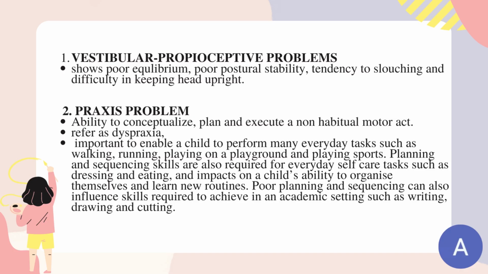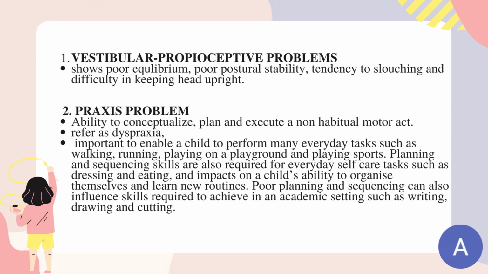Alright, we move to the other perceptual problems, number one is vestibular proprioceptive problems. As we know, vestibular is related to the system in our inner ear, related to balance and gravitational awareness, whereas proprioceptive is related to movement, involving muscles, tendons, ligaments, and joints.